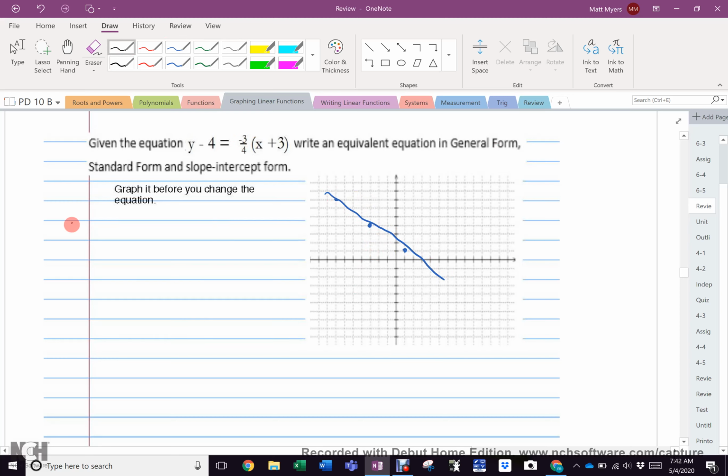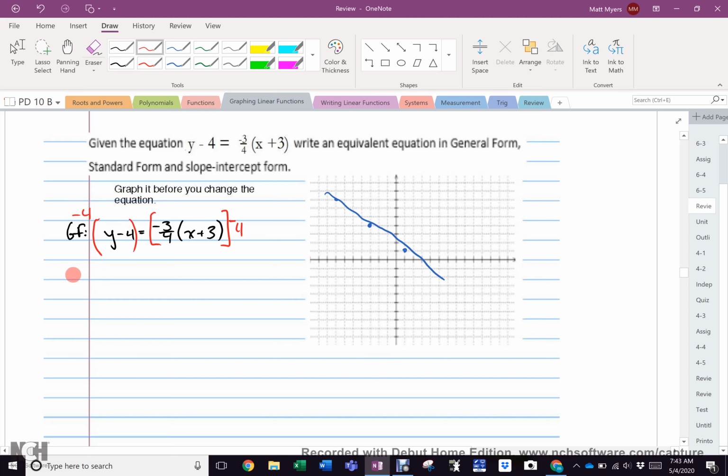I always like to do general form first, which means get rid of all the brackets and all the fractions. So y minus 4 equals -3/4 x plus 3. I have to get rid of the fraction, which means I'm going to multiply this side by 4. But I also have to get rid of the negative, so I'm going to multiply by -4, which means I multiply this side by -4.